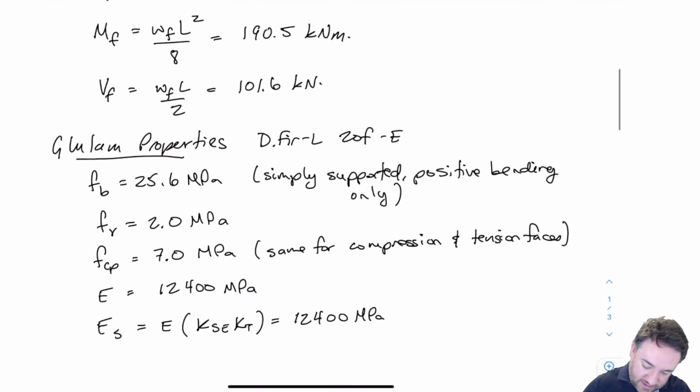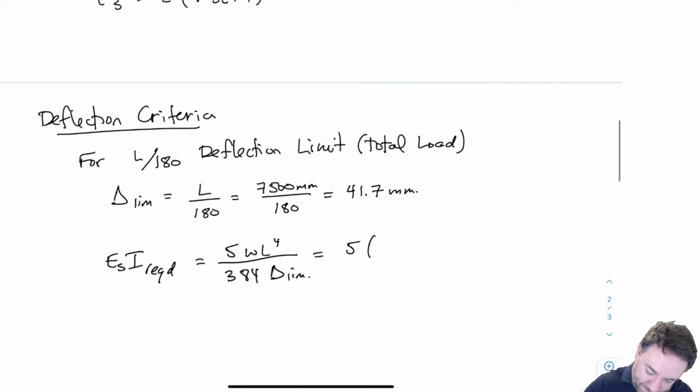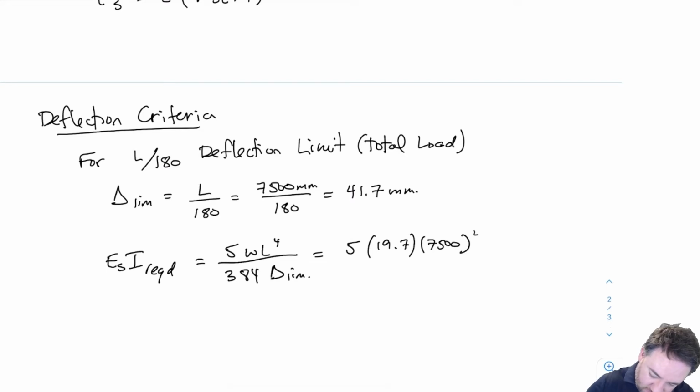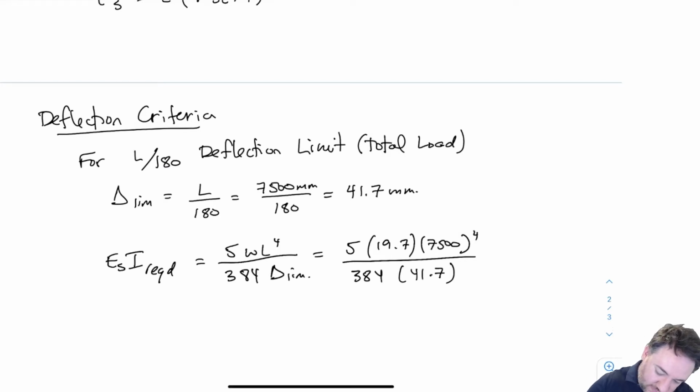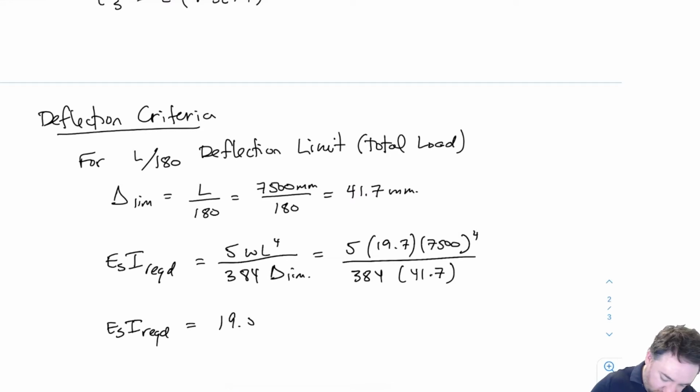Okay, so that's 19.7. My L is 7,500 millimeters to the 4th divided by 384 times 41.7. And if I do that, I get a required E times I of 19.5 times 10 to the 12 Newton millimeters squared.